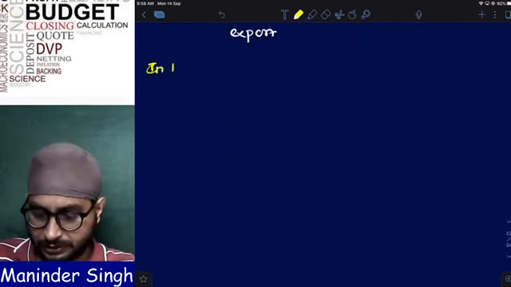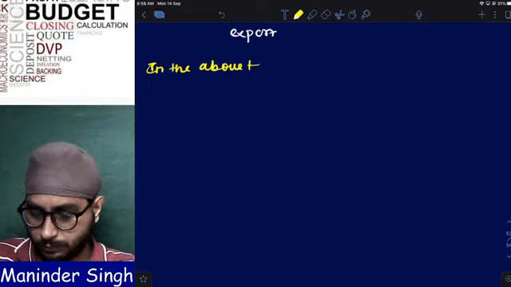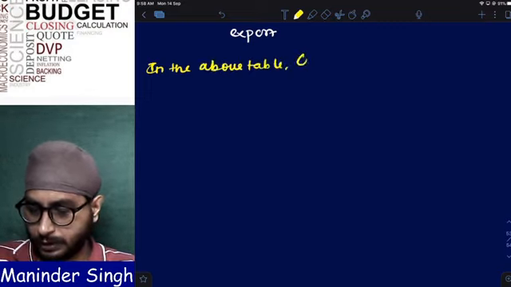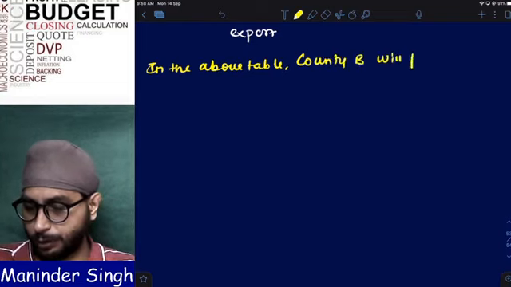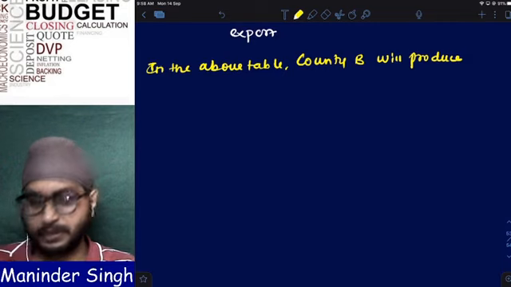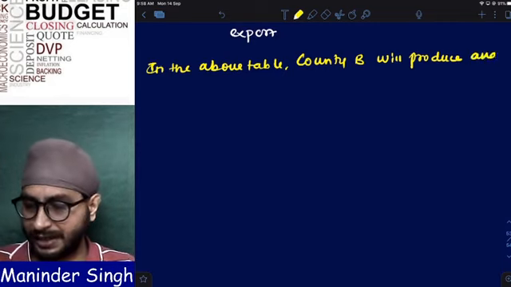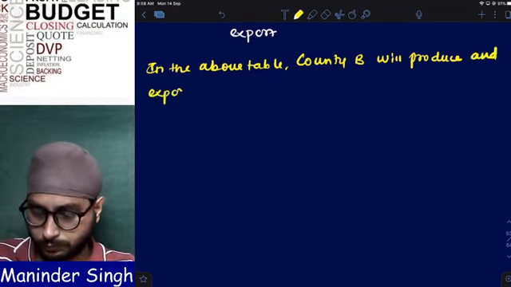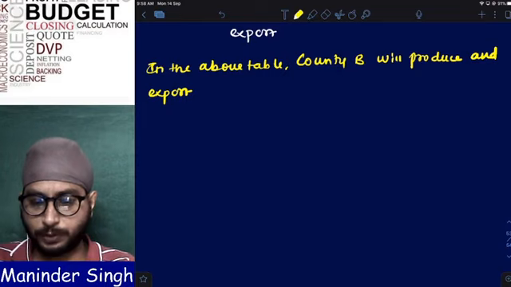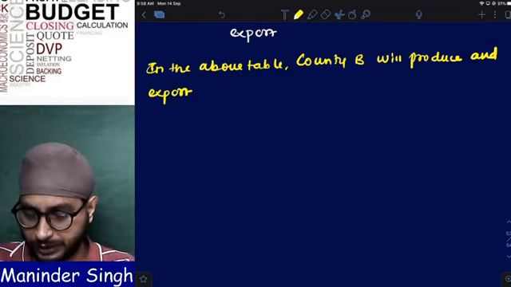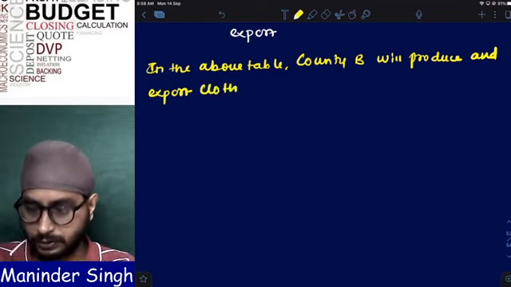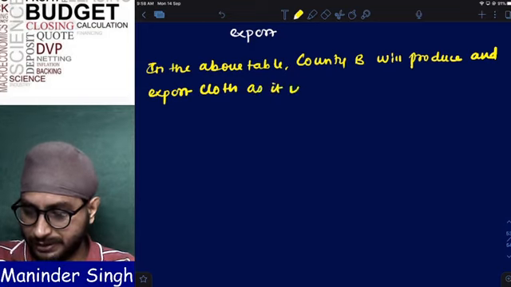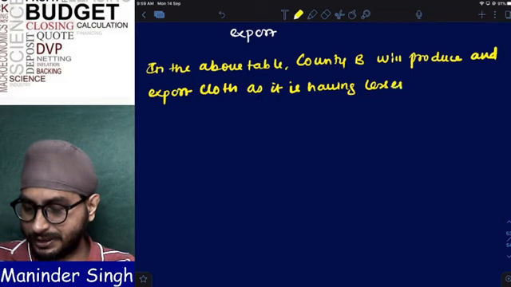In the given case, in the above table, country B will produce and export cloth as it is having lesser disadvantage.